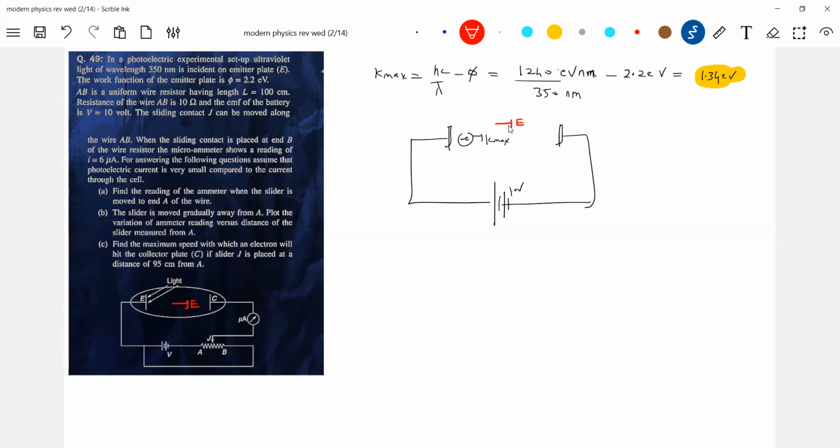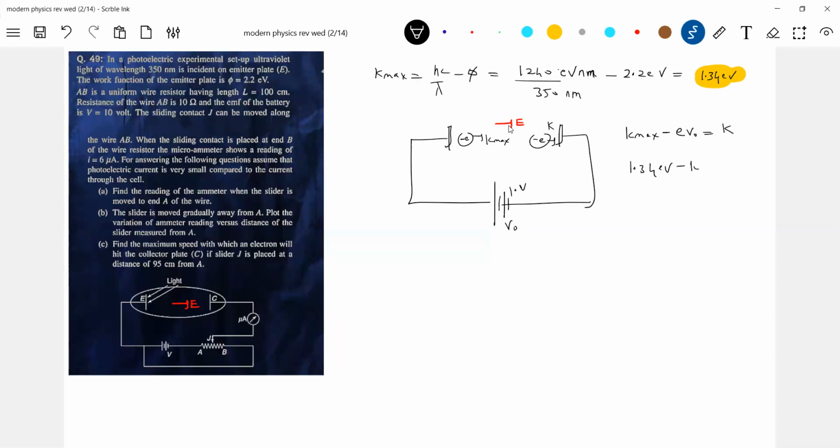Now let's calculate the speed of the electron when it reaches here, K. Initial kinetic energy Kmax plus work done by the cell, which should be negative, no? So therefore e into V naught equal to K. So Kmax is how much? 1.34 electron volt.